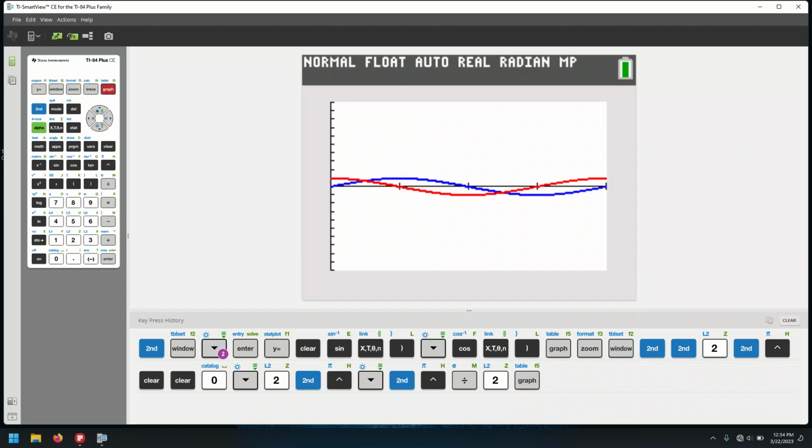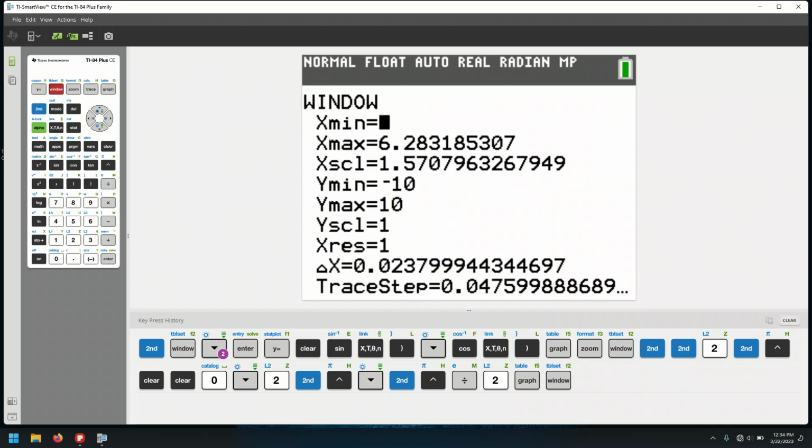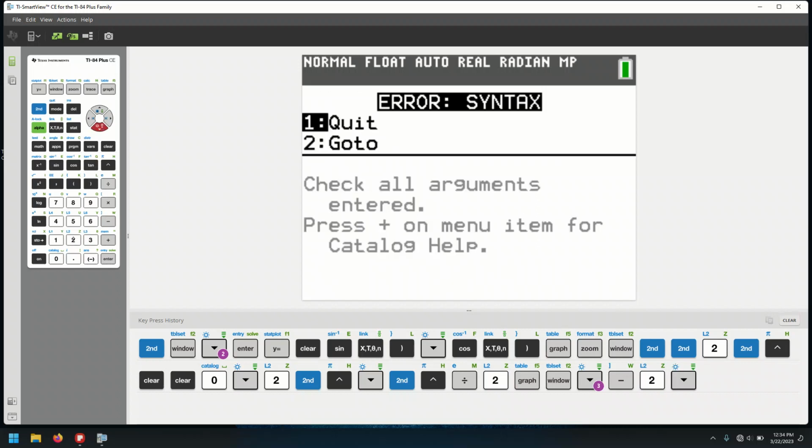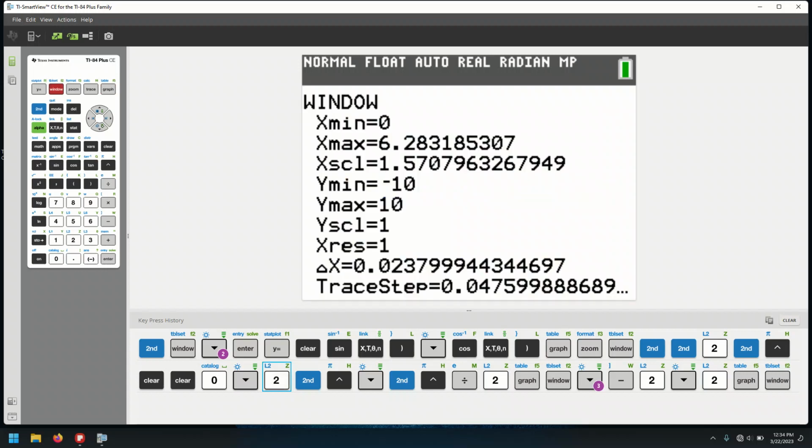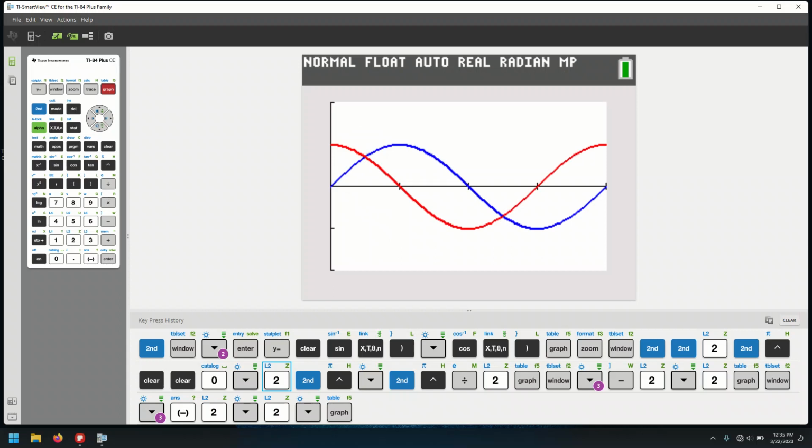Let me change the range, instead of negative 10 to 10, to negative 2 to 2 and graph. Much better.